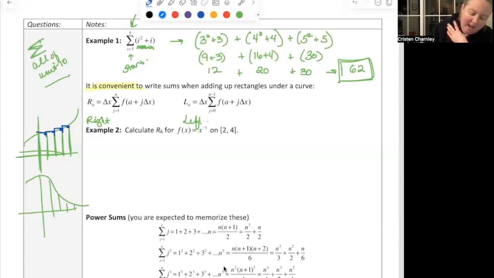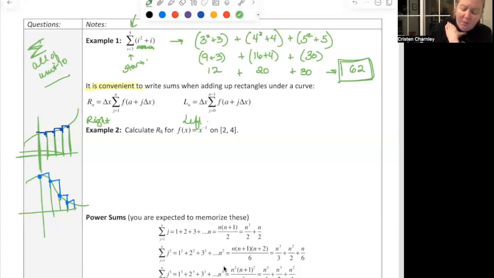If I choose L, left-hand rectangles, it's the left-hand side that determines the height. So my first function was increasing, my rectangles were too tall. My second function was decreasing, the rectangles were still too tall. But some will be too tall, some will be too short, depending if it's increasing or decreasing. Right now, I just need you to know that left and right look a little bit different.